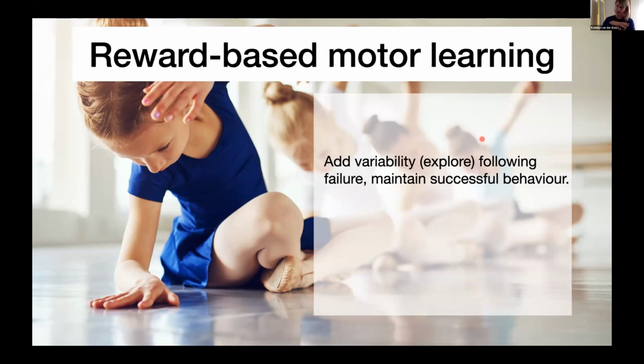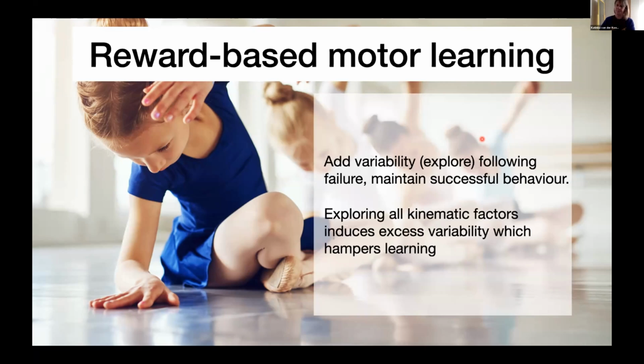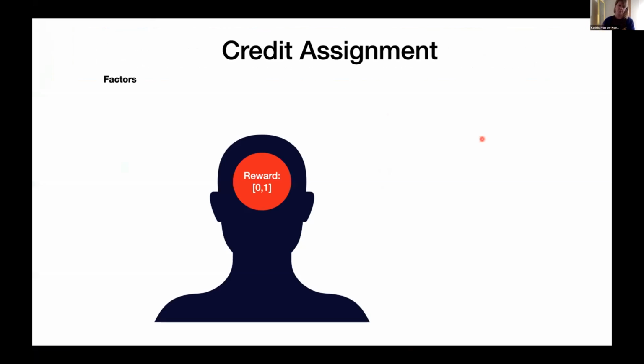Well, this works well in simple tasks. But when many kinematic factors can contribute to performance, exploring all these different factors induces excess variability that hampers learning. Those familiar with reinforcement learning might think, yeah, but there's a way to solve that.